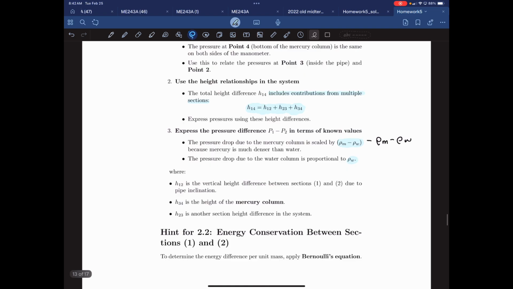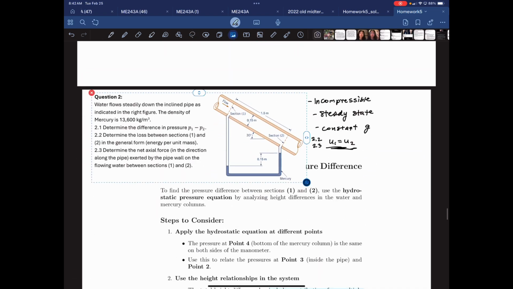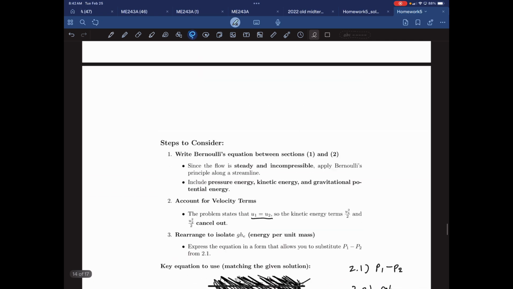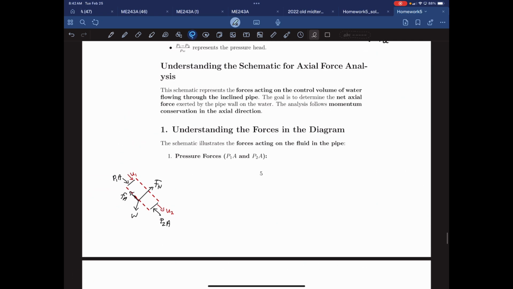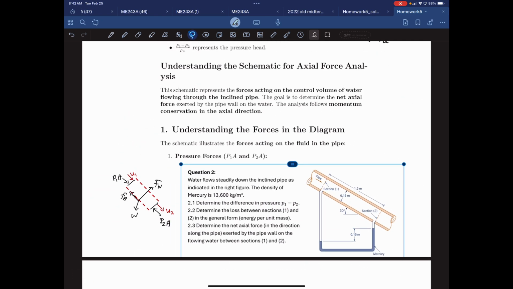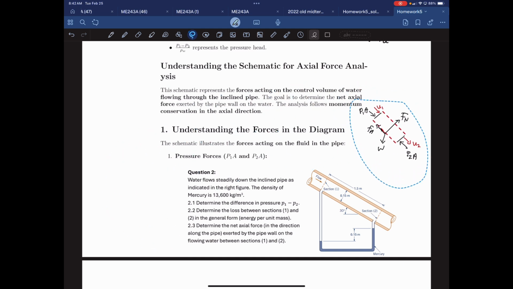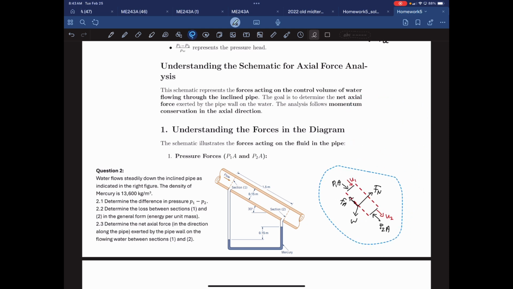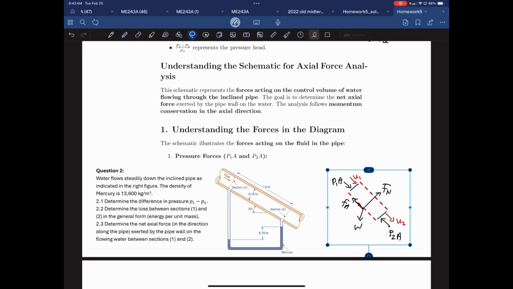Let me just get the problem again. Put it side by side. Okay, so we have to determine the net axial force exerted by the pipe on the water.